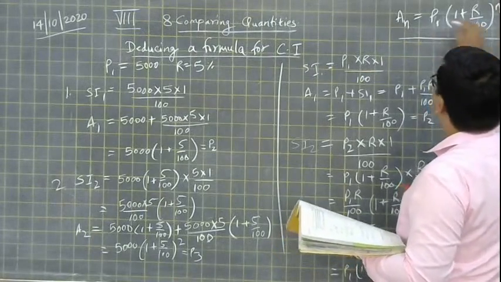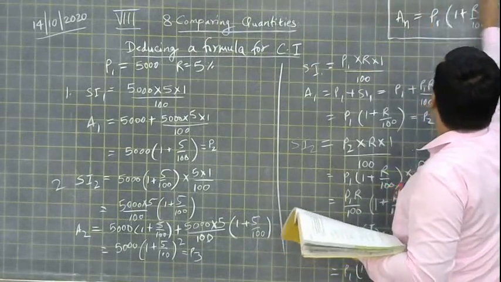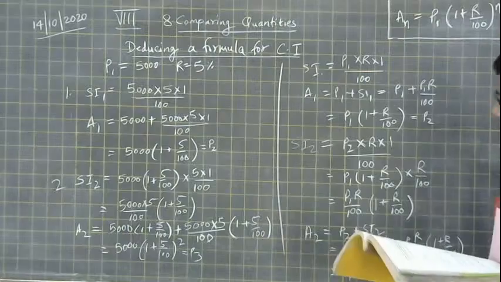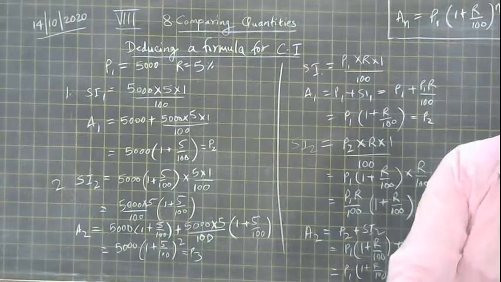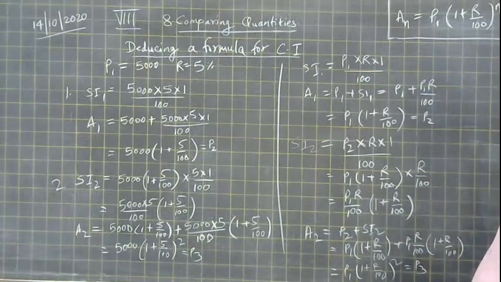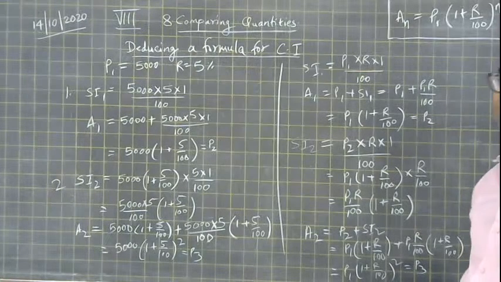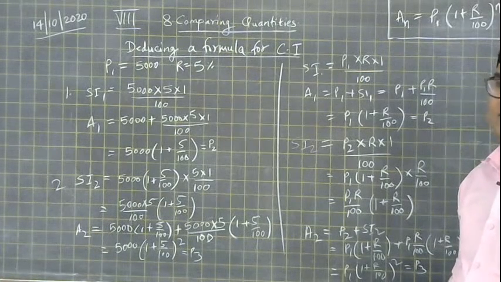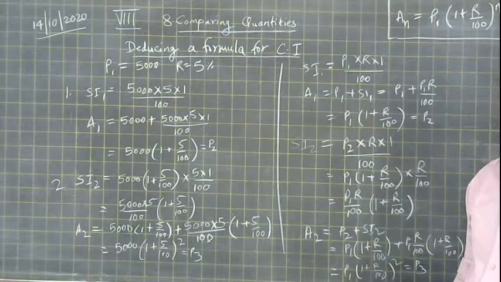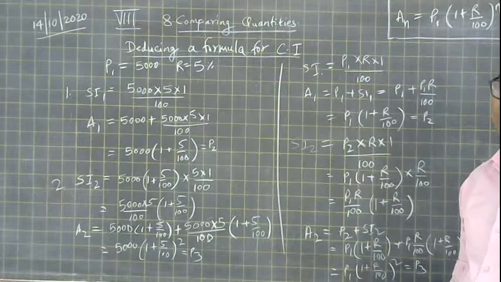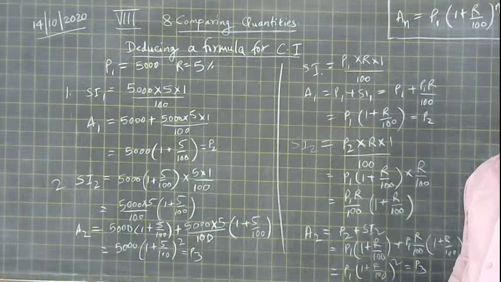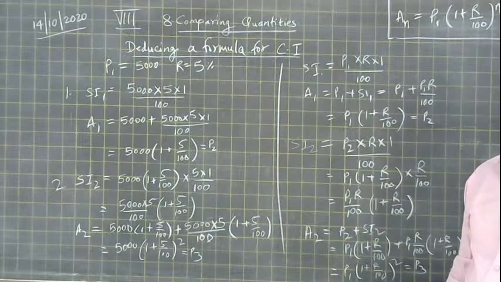So this is the formula for the amount to be paid or received after n years, when the interest is compounded annually.